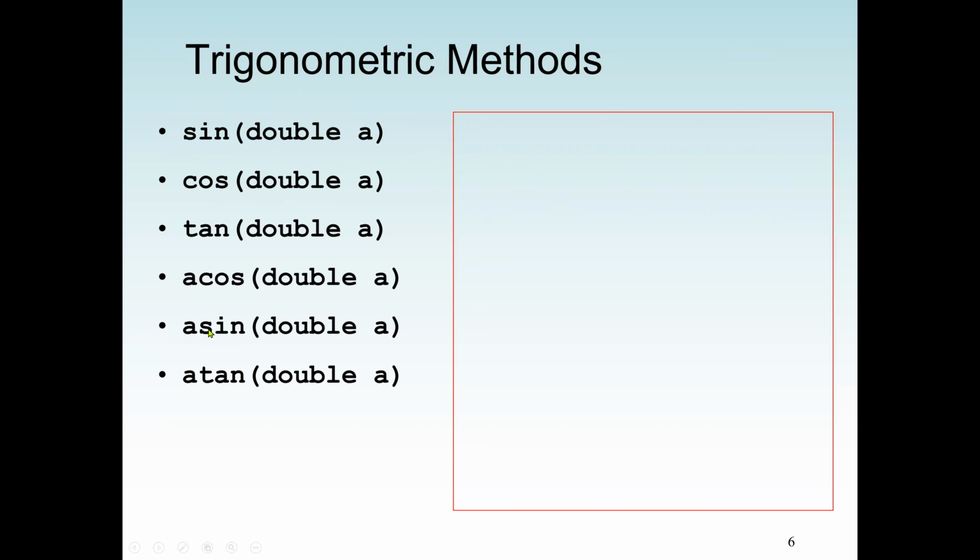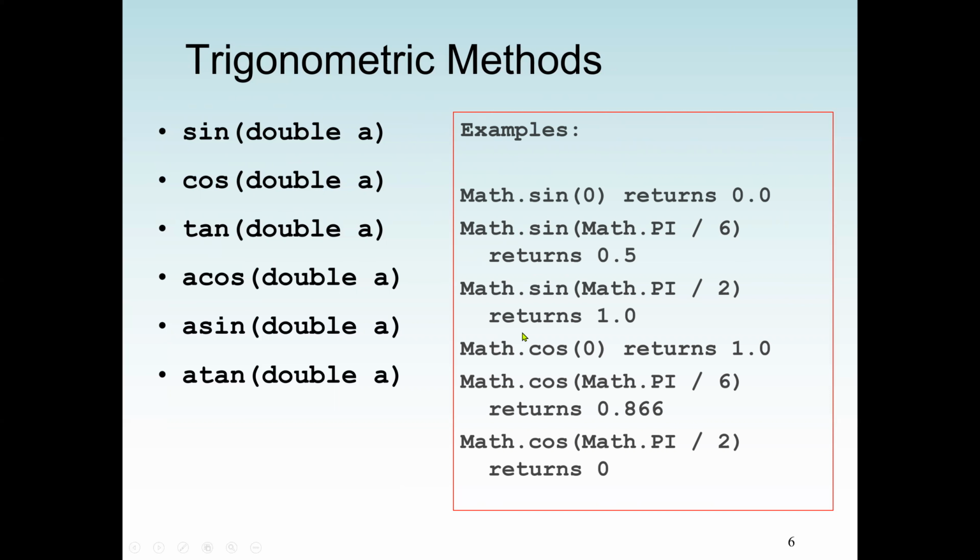Arc sine means a-s-i-n. We know in trigonometry, arc is a-r-c. In the Java trigonometry method it is acos, which means arc cosine, and atan for arc tan. One thing we should remember is that the argument value should always be in radians. If it's given in degrees, we convert it to radians.